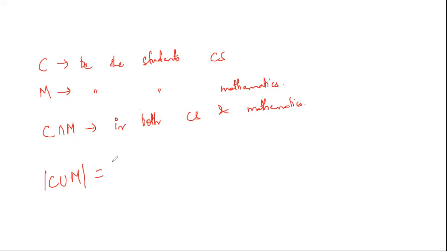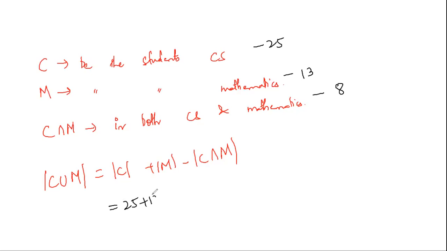What is the formula? C plus M minus C intersection M. So we know the values. The number of students getting a degree in computer science is 25, while this number is 13 and the joint, getting a degree in both, is 8. So 25 plus 13 minus 8 will give you the result 30.